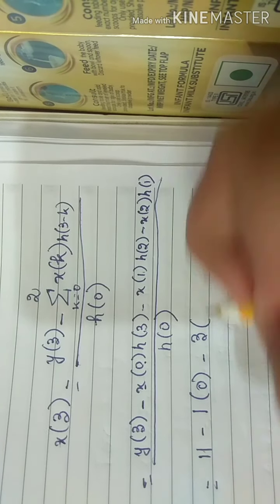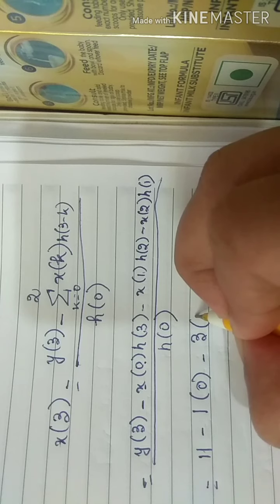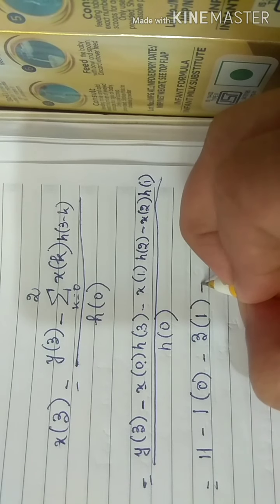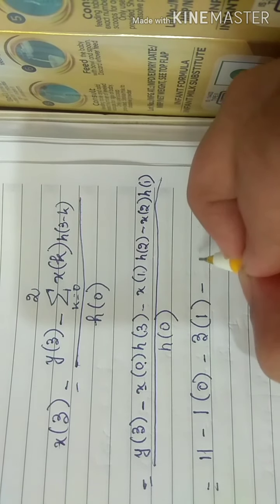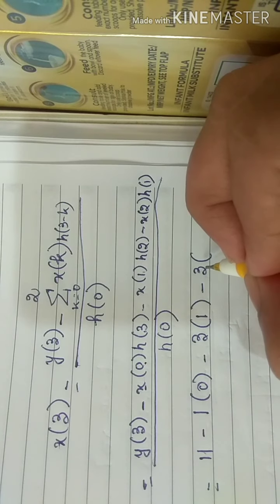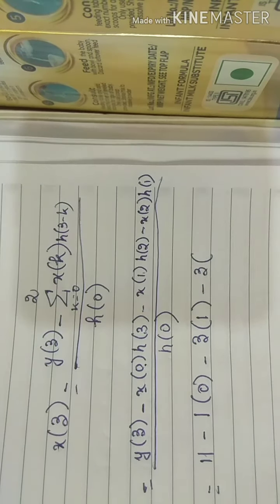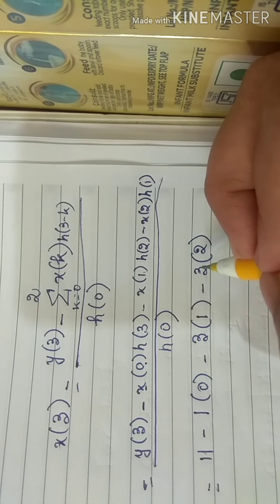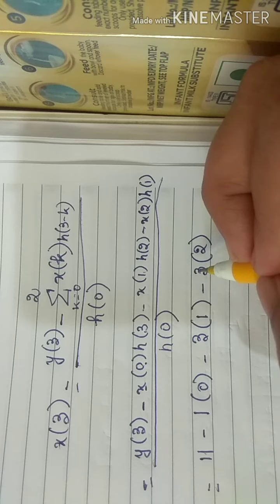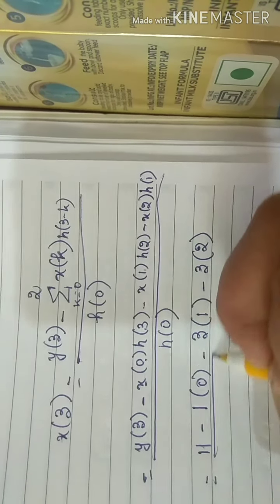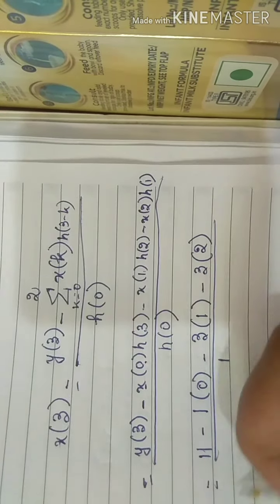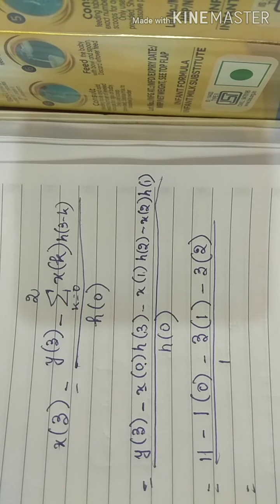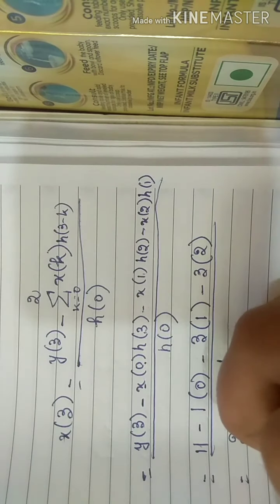H[2] is available, this is equal to 1. Then x[2], the value is 3, and h[1], the value is 2. This whole thing has to be divided by h[0], that is 1. So this will give us 11 minus 3 minus 6, so 9, and this will be 2.